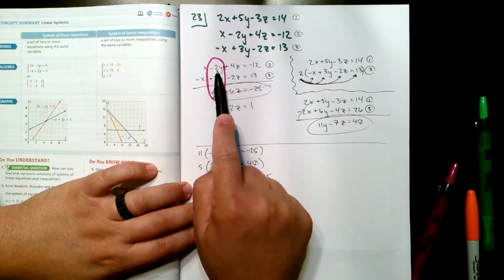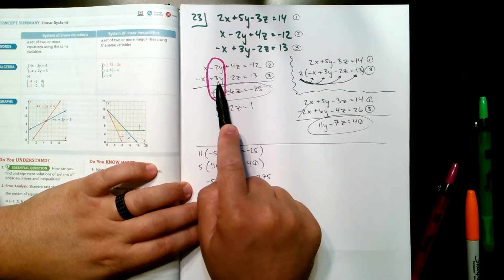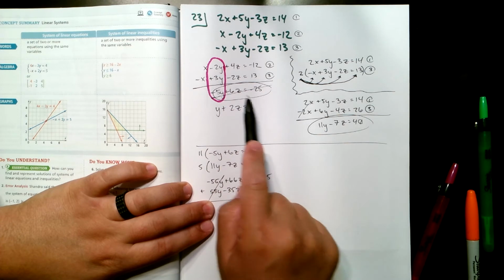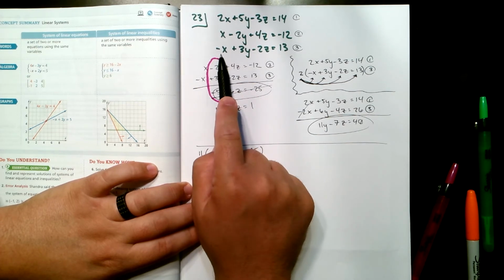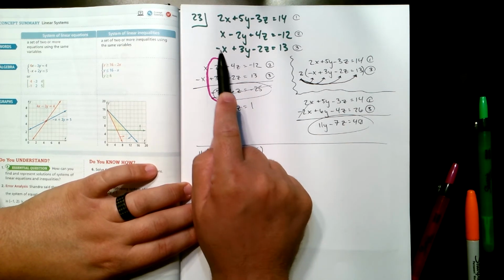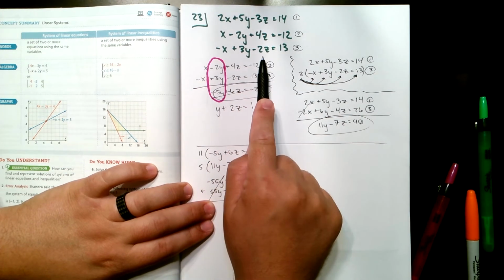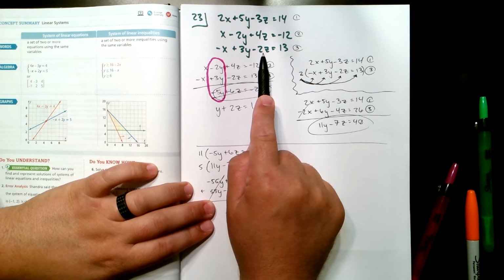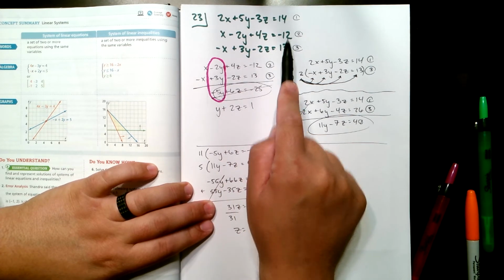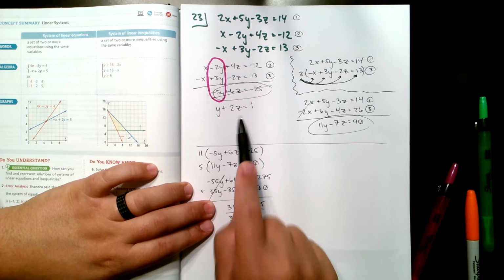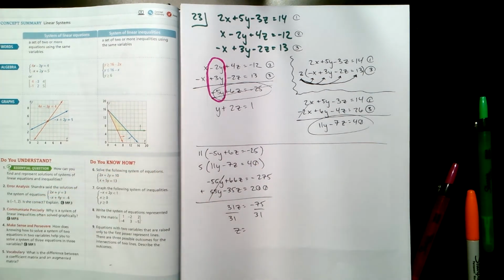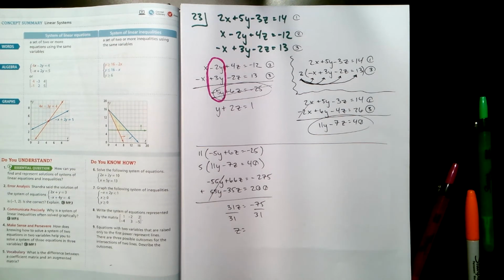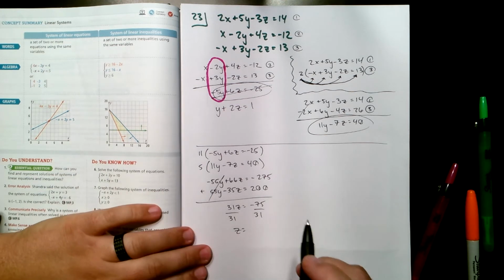Initially I just saw that, but now I realized that I basically added everything wrong. I think what I essentially did was subtract everything. I saw x minus x and I thought negative 2y minus 3y. That's how I got all this stuff, as I subtracted. But technically I'm adding those, because that was already negative in that third equation. So I need to add each column. So negative 2y plus 3y is y, 4z plus negative 2z is 2z, negative 12 plus 13 is positive 1. Now I think I'm set up and ready to go.